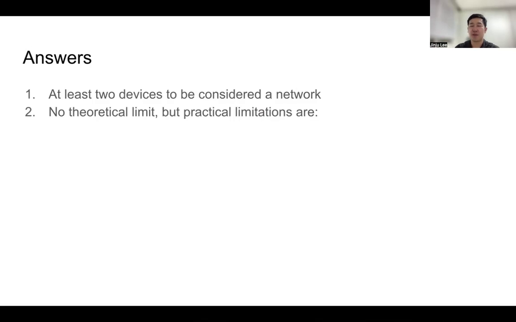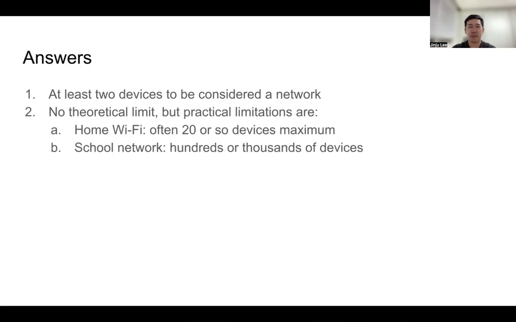As for the limit for the number of devices, there's no theoretical limit, but we do have practical limitations determined by bandwidth and other limitations of your network. Usually, for a home Wi-Fi, you can have up to 20 devices or so.